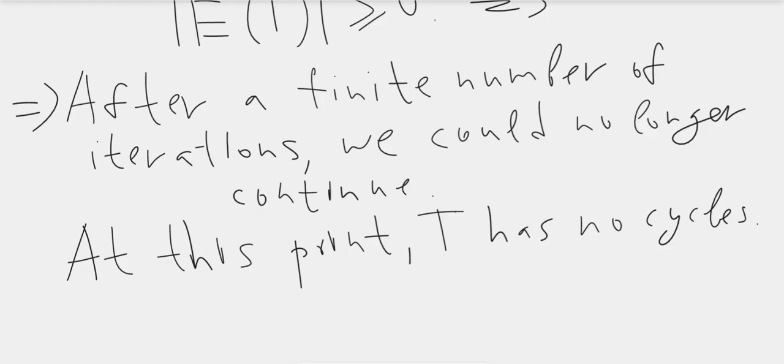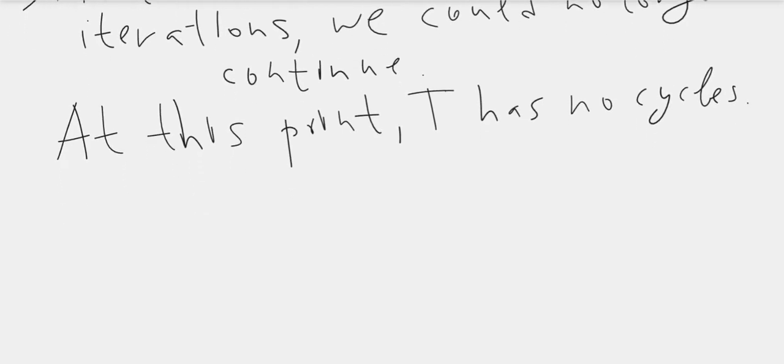If T has no cycles and it's connected, because the iterations preserve connectedness, then T is a tree. Therefore, at this point T would be a tree.